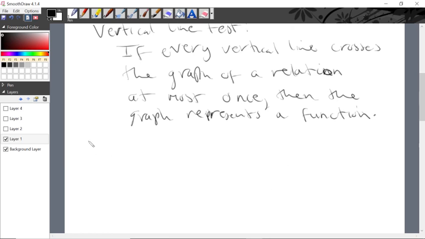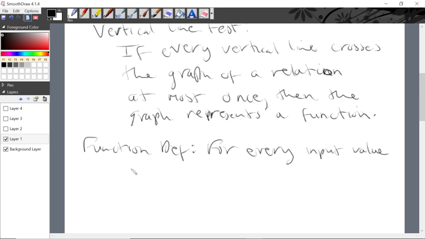So this is based off of the definition of a function, right? The function definition restated here. For every input value in the domain, input values are most commonly going to be x, but will not exclusively be x.